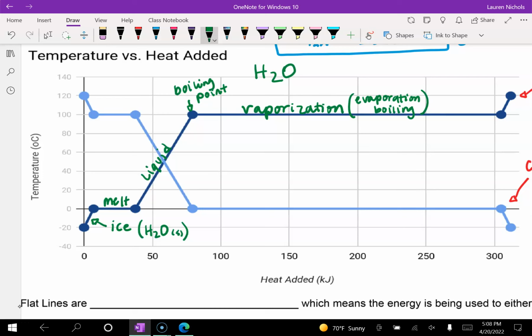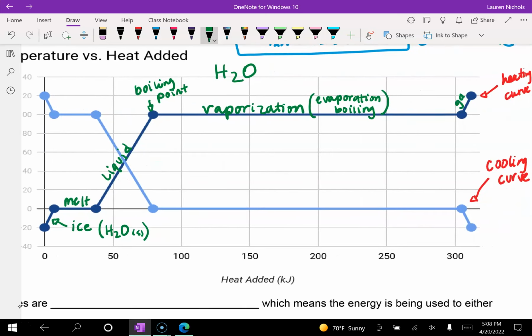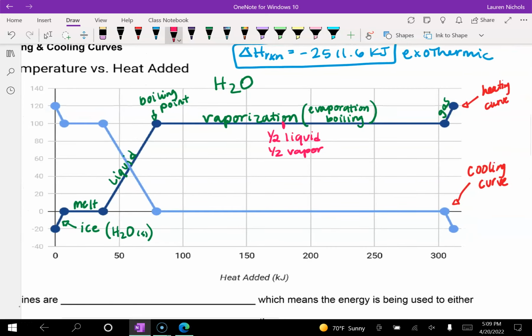And then after every single thing is evaporated, it is all 100% a gas. So right about here in the middle of this, you're going to have about half liquid and about half vapor or gas. So really keep in mind that time and the amount of heat is going to determine the ratio of that.